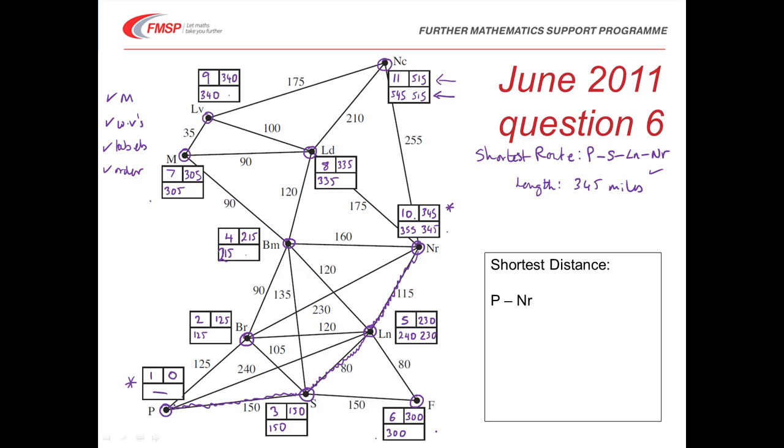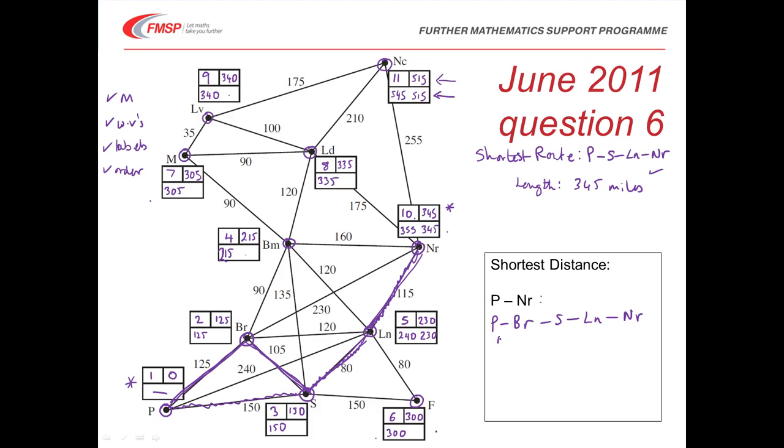In fact, the minimum connector routes included P to BR and BR to S, but not PS. However, S to LN was in there, so was LN to NR. So my route from P to NR, if I only use the minimum connector, has to be P to BR to S to LN to NR.